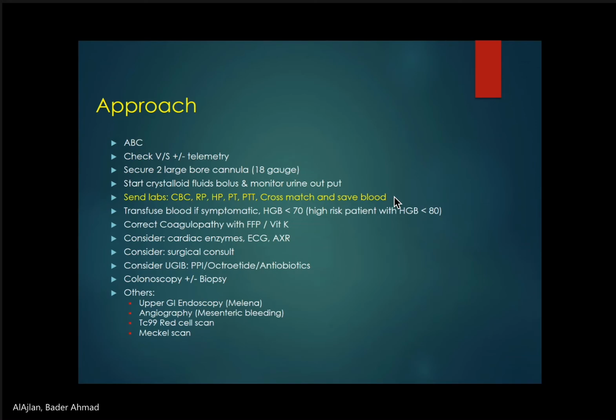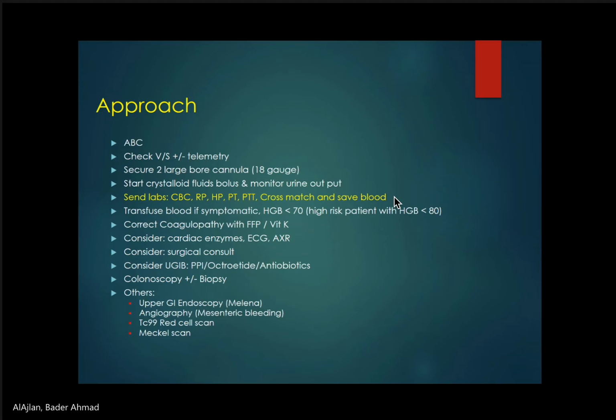We correct the coagulopathies, we send labs and cross-matching, and if there is concern for an upper GI bleed, then we might start them on PPIs and call GI for endoscopy. Also, if there is concern that it's a very massive lower GI bleed, broad-spectrum antibiotics should be started. Surgery consult should be alerted.